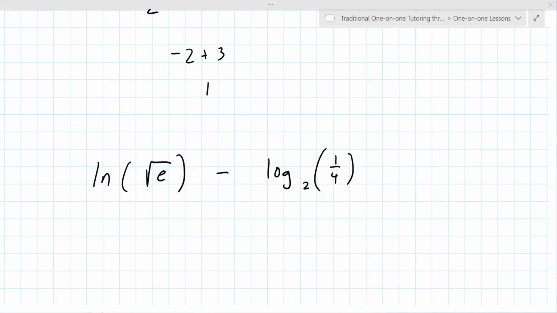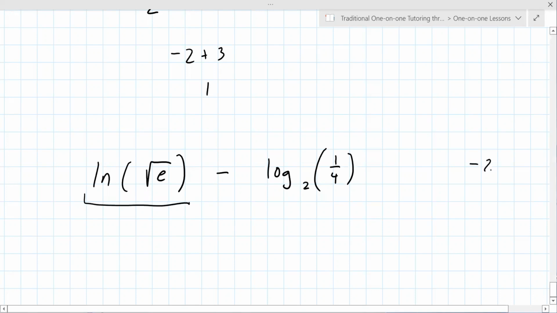Would it be -2.5? Okay, so you say negative 2.5. What is the natural log of the square root of e? What did you get over here on the left?